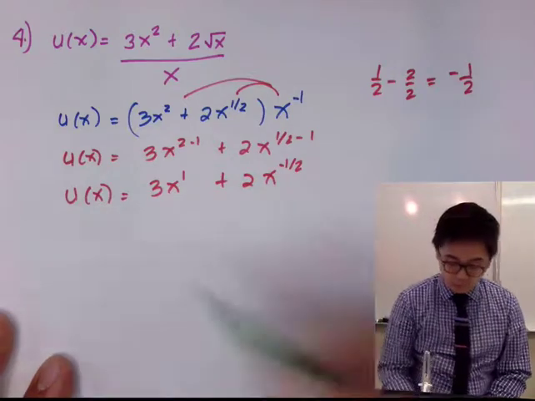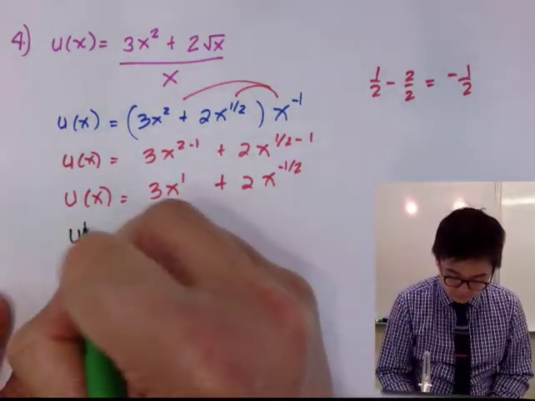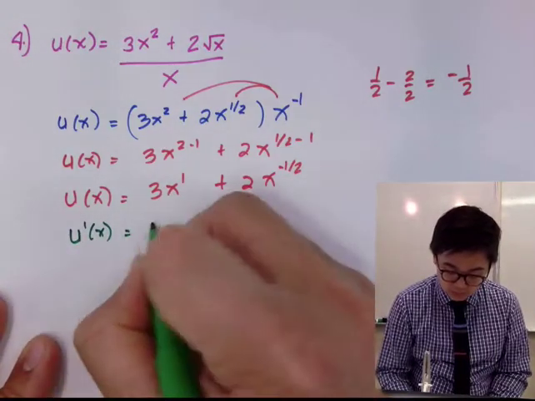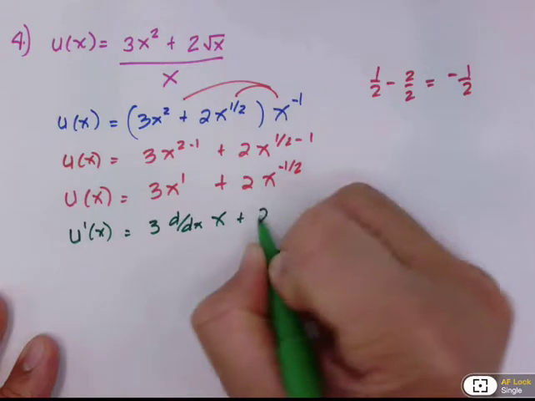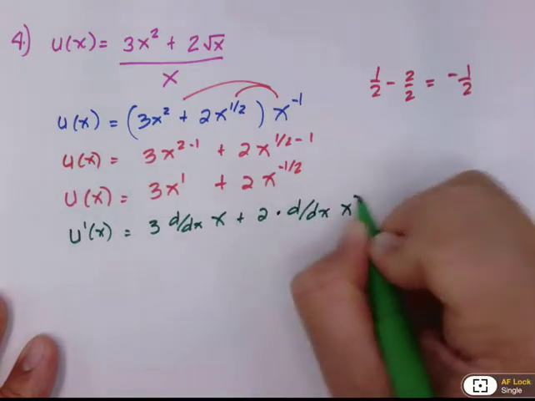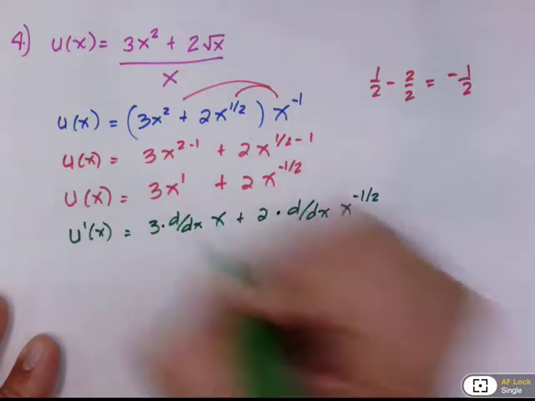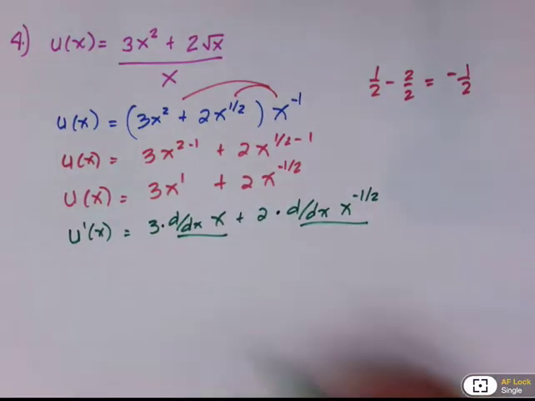So to use the power rule, now we'll have u prime of x equal to 3 d/dx of x plus 2 times d/dx of x to the negative 1/2. So I just isolated my constants so you can see what I'm going to do with this function right here.